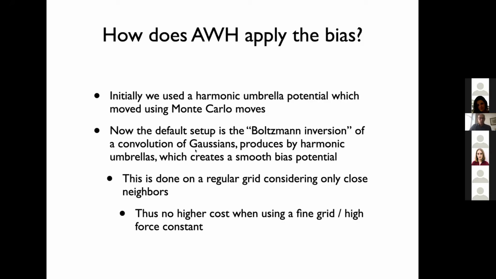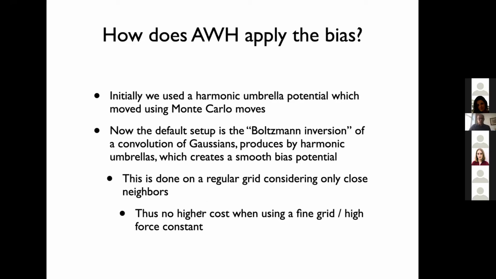Then how these Gaussians are put onto the system is through a regular grid, and because the Gaussians decay quickly, you only need to consider close neighbors. So this is an advantage compared to other methods like metadynamics, where you have Gaussians which are not distributed on a regular grid, because here you know how many Gaussians to take into account, and you can pre-compute many things.